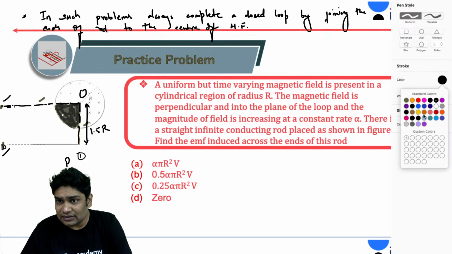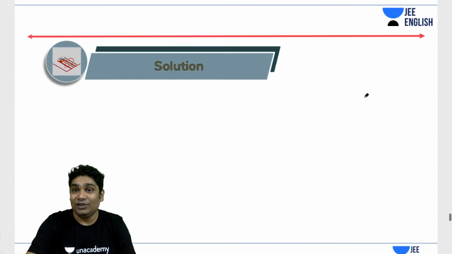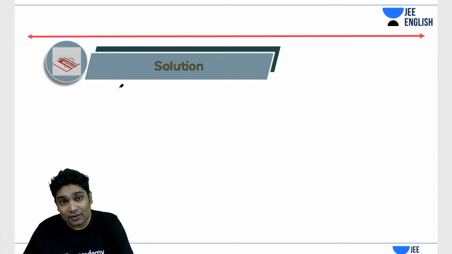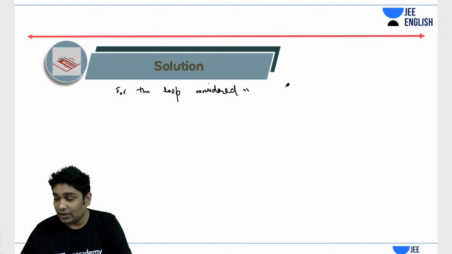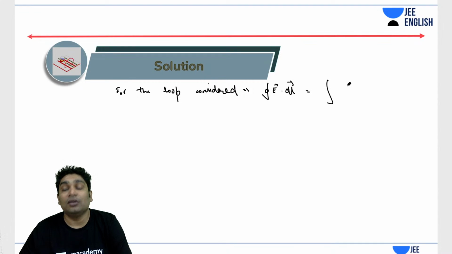So let's get ourselves that answer. For the loop shown, considered, closed integral E dot dl would be equal to integral E dot dl from 1 to infinity.